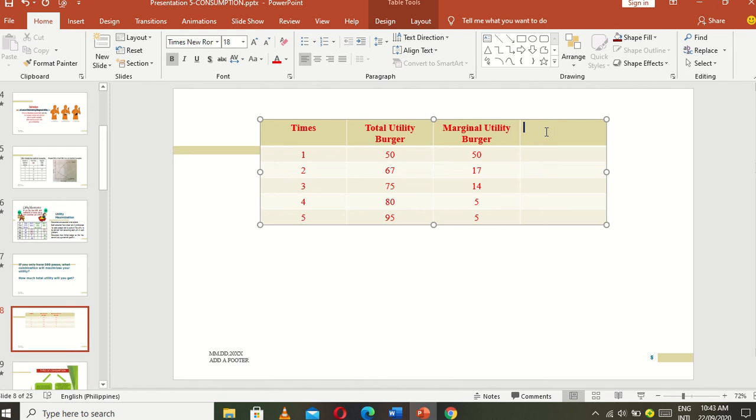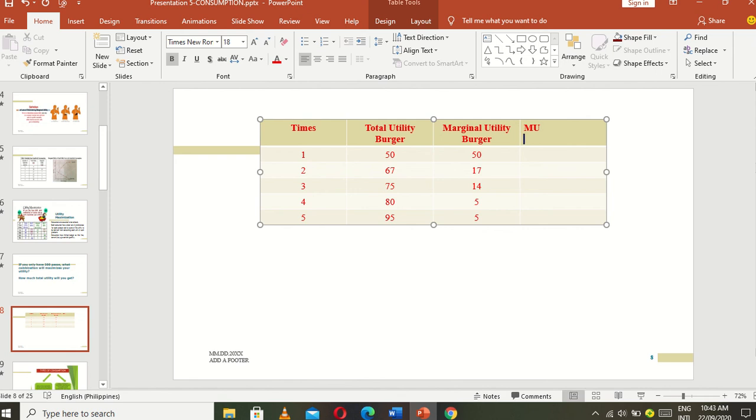Now the question is, what is the maximization of the utility?